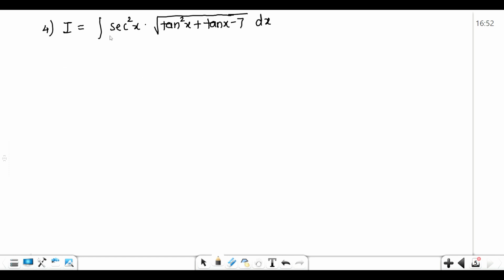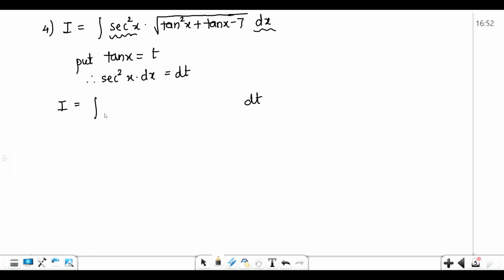So if you can, you have to get rid of this sec square and this quadratic trigonometric term. So for that we will substitute tan x as t. So the derivative of tan x will be sec square x dx equals to dt. Okay, so now your integration will reduce to this, sec square x dx will leave it and will give you dt, and this integration will be t square plus t minus 7.